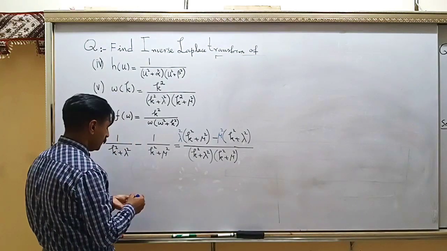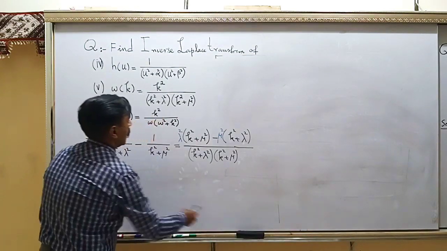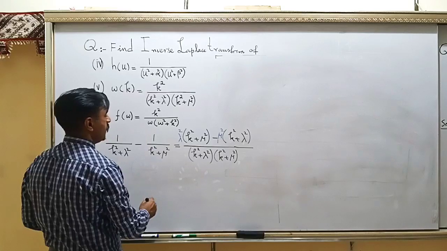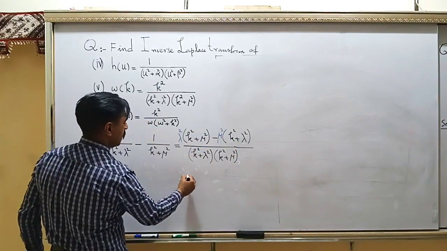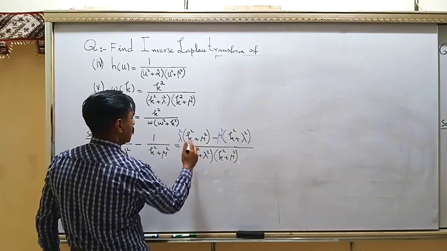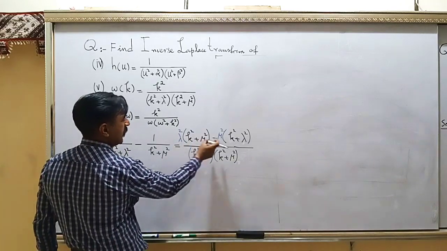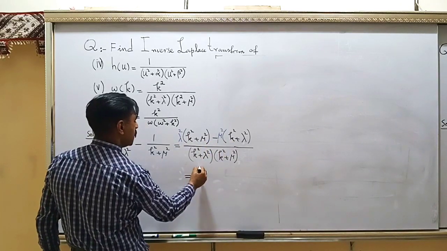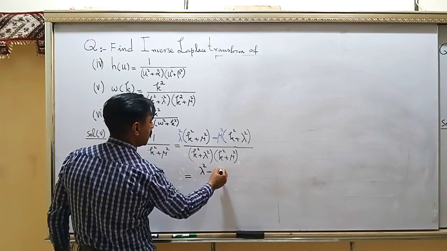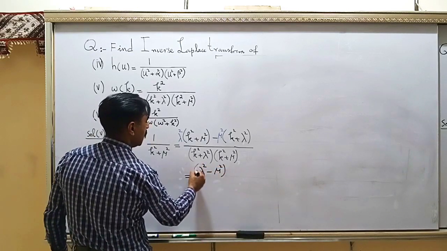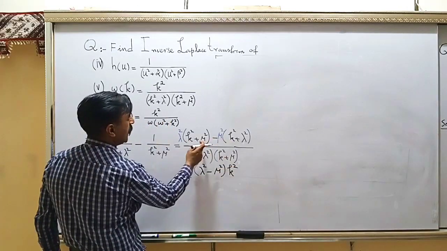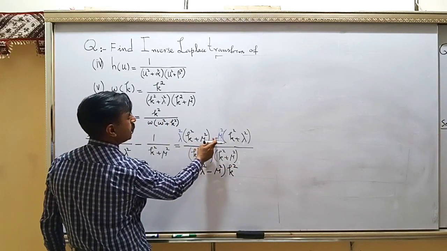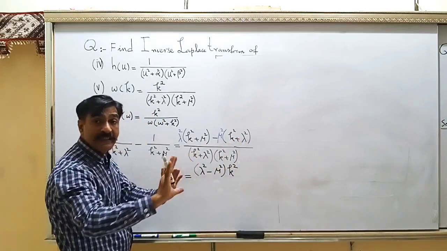So let's simplify. This is equal to this, and the next step is, now this lambda square k square and minus mu square k square means lambda square minus mu square, and k square is common from the first two, and the constant lambda square mu square minus mu square lambda square is cancelled.